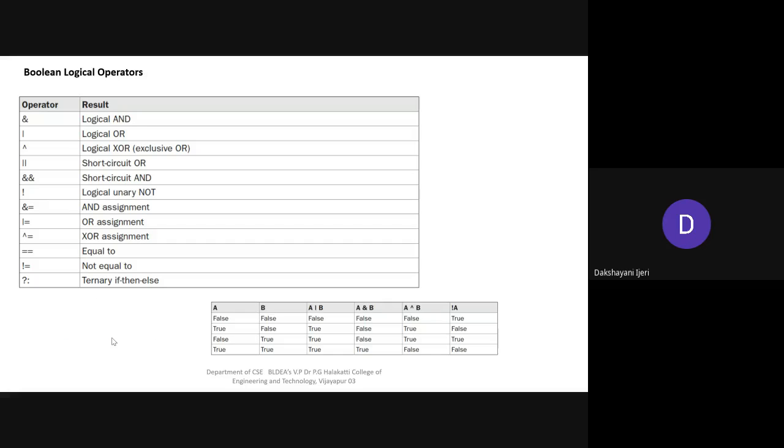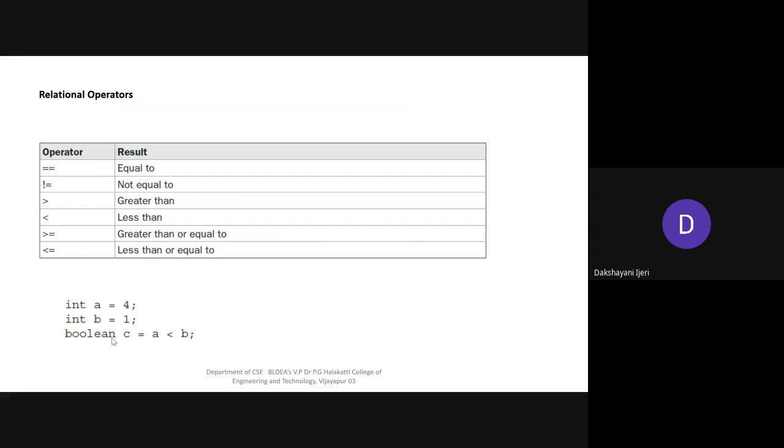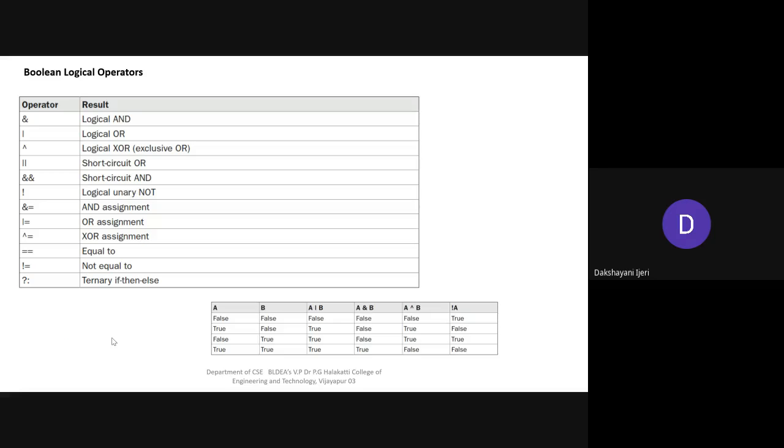So coming to the next set of operators, the Boolean logical operators. This was the relational operators; these are the Boolean logical operators, which are exactly similar to the bitwise operators that we have just seen. So this is the logical AND operator, logical OR operator, logical exclusive OR, and this is said to be the short circuit OR. I will tell you why these two terms are said to be the short circuit OR or the short circuit AND operator.